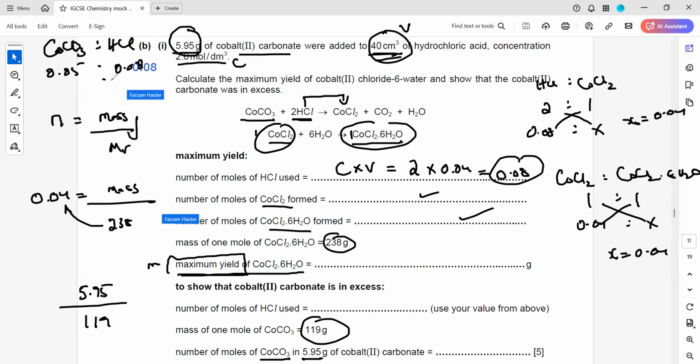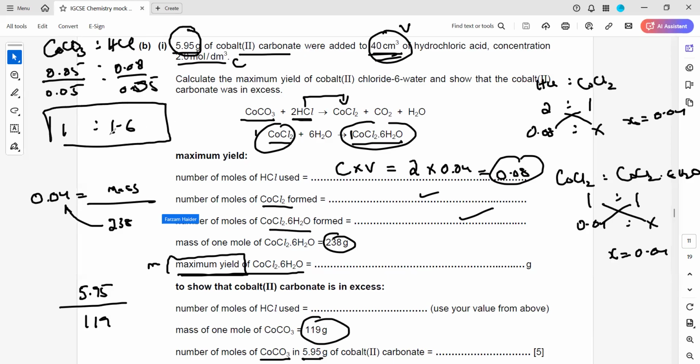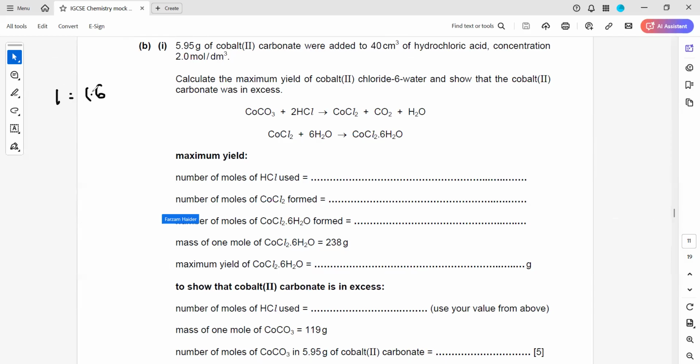If I take the simplest ratio between them, I'll divide by the smallest value, 0.05. So what is the simplest ratio between them? 1:1.6. So according to the moles which we have, HCl is not in excess. When we worked out the mole ratio between them, it is 1:1.6 for cobalt carbonate and HCl, according to the amount given to us.